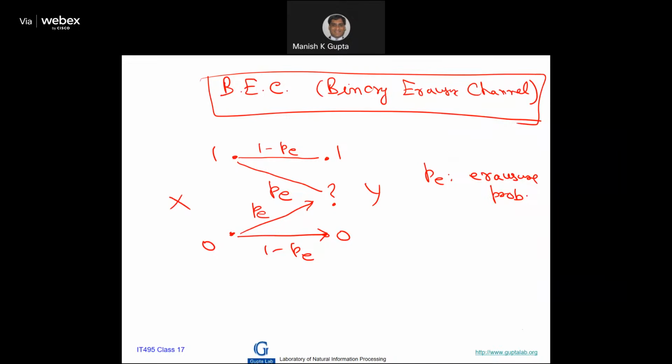So basically, X is a transmitted random variable with alphabet 0, 1, and Y is the received variable with alphabet 0, 1, and E, the erasure symbol.